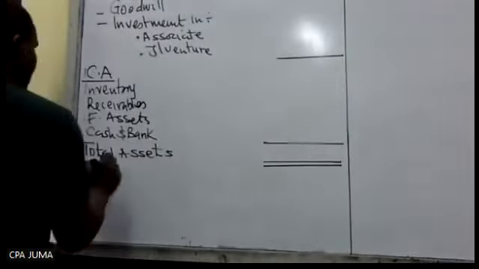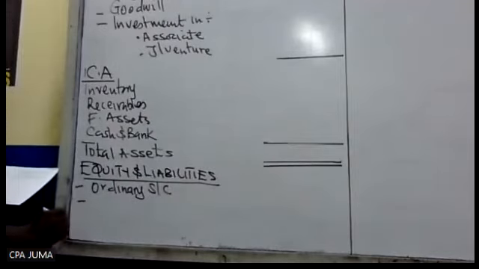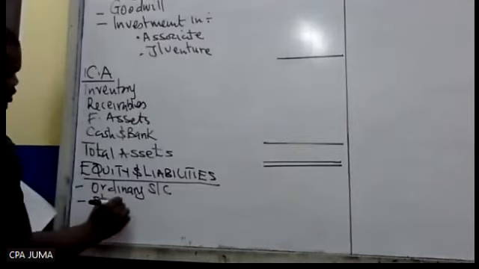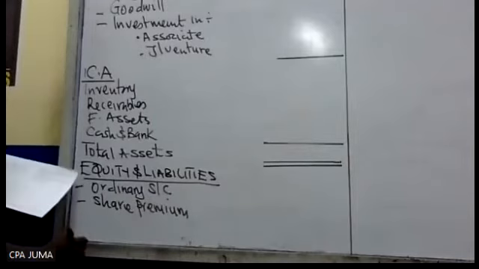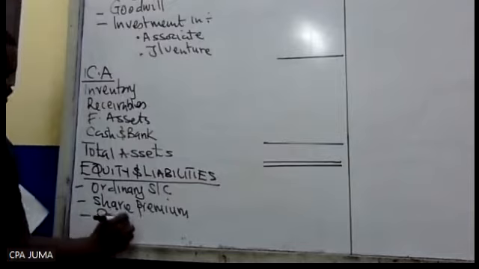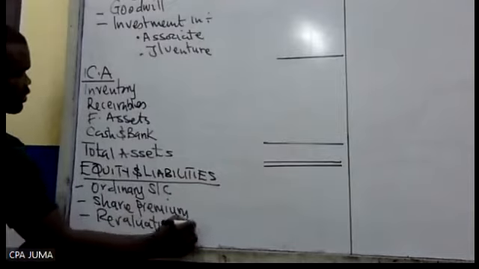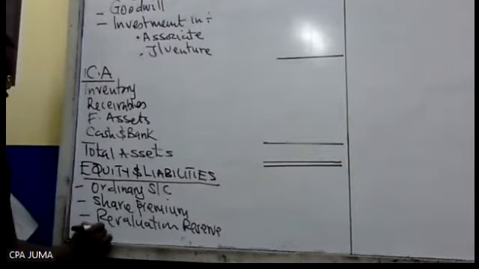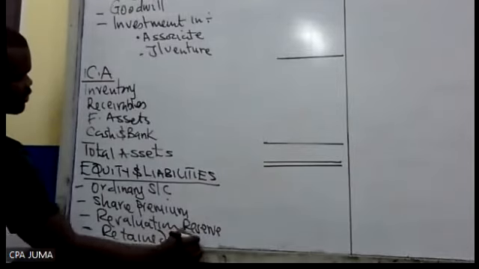Ordinary share capital. Then we have share premium. Then we have revaluation reserve. Then we will have retained earnings.